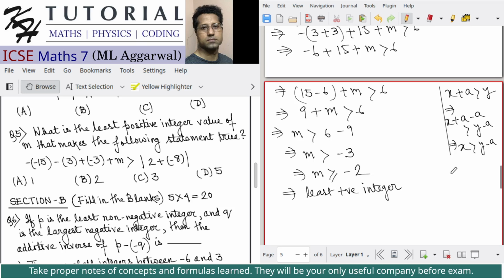We know that positive integers start from 1. So the least positive integer that will satisfy the fact that m has to be greater than or equal to -2 has to be 1. So the least positive integer value of m is equal to 1, and hence the correct choice is A. A is the correct choice.